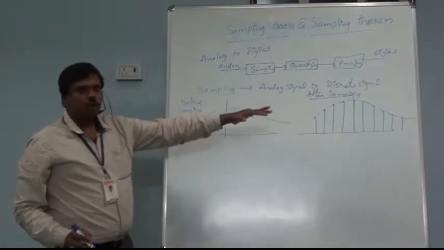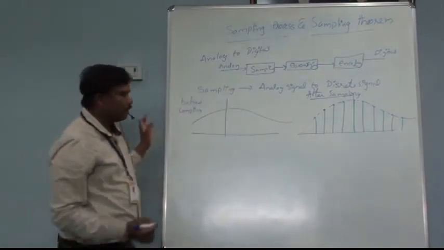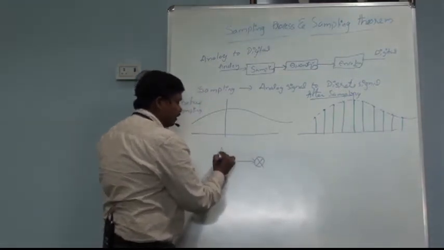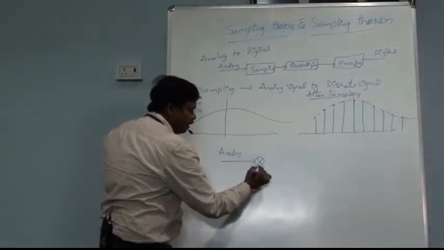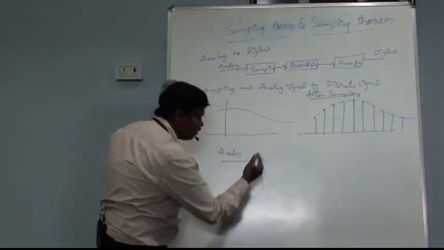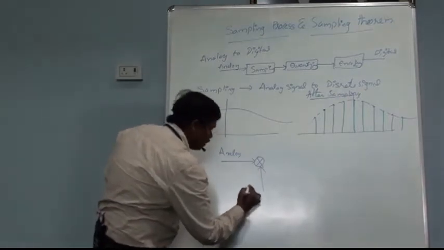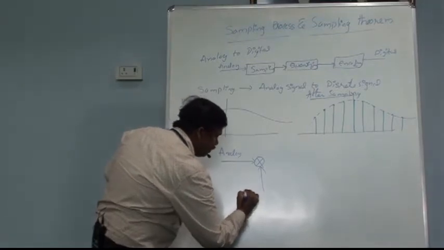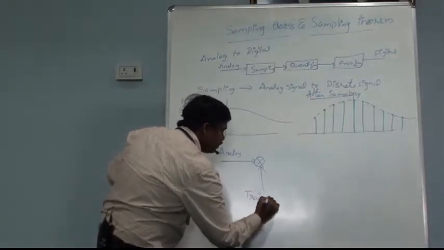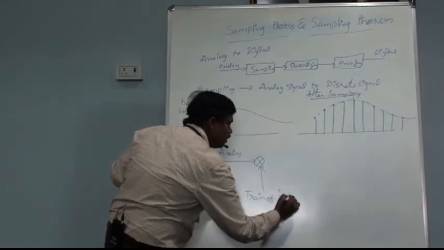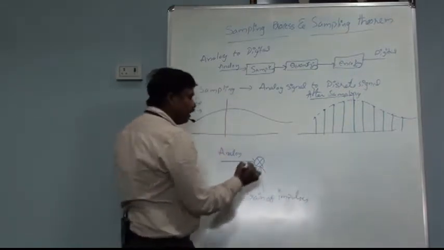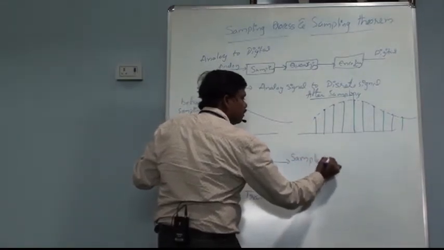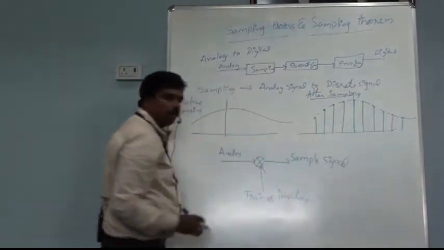Now, how are we going to obtain the discrete signal? Here consider an analog signal and apply it to a product modulator, or you can say a multiplier, and the other signal will be a train of impulses, and the output will be the sampled signal.